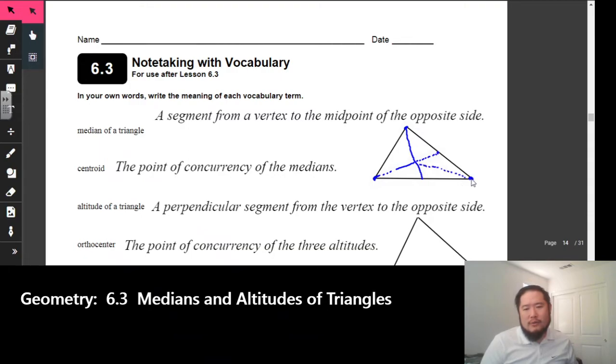And if all goes well, they are supposed to meet. So median, it's going to be from the vertex to the middle of the opposite side. And so this point right here where all three lines intersect, that is your centroid. Okay, there you go.